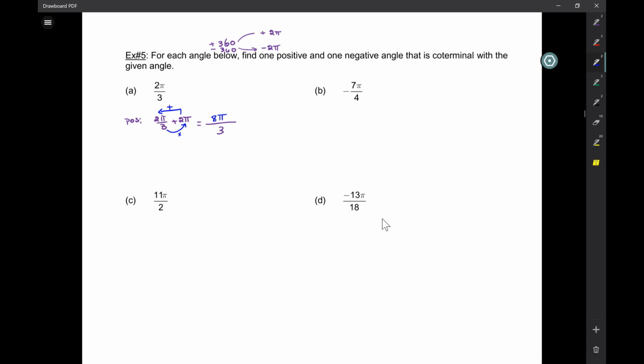All right? Negative coterminal angle, 2 pi over 3 minus 2 pi, same denominator, multiply. 3 times negative 2 pi is negative 6 pi, plus 2 pi, negative 4 pi over 3.